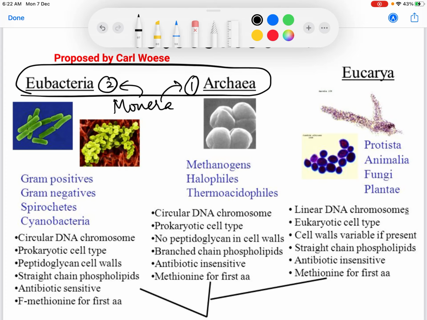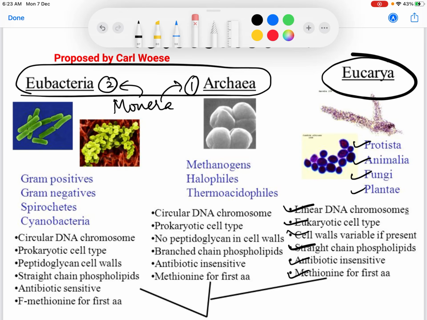The rest, that is Protista, Animalia, fungi and plantae, are all categorized under Eukarya, which consists of eukaryotic cells. They have linear DNA, cell wall is variable, if present different kinds of cell wall can be present, straight chain phospholipids, antibiotic insensitive, and methionine for the first amino acid.